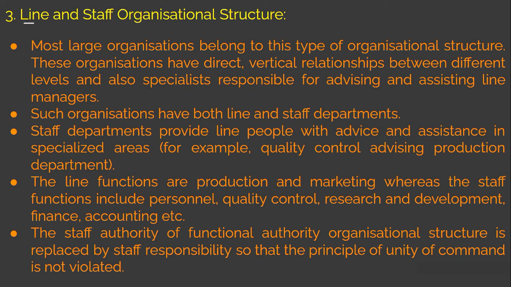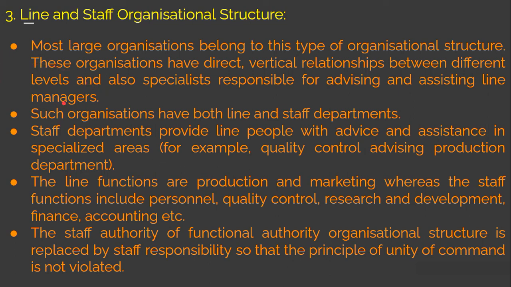When organization scale is increasing, again the line and staff organization is extended, where the organization can get the benefit of specialization. Here also two types of vertical relationships flow, which have line officers as well as staff officers. So the staff authority or functional authority organization structure is replaced by staff responsibilities, and here also the principle of unity of command is violated.